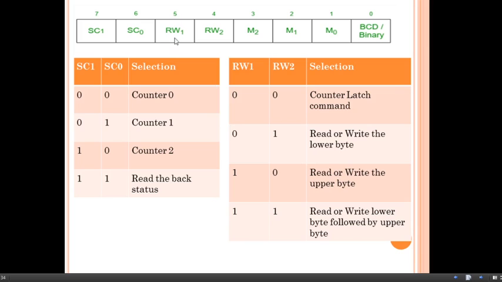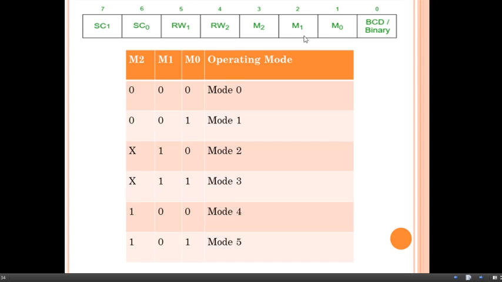So these are the read or write selection bits, bit number 4 and bit number 5. In some books it is represented as RL0 and RL1. Next are the mode selection bits, that is first, second and third bits, M0, M1 and M2.